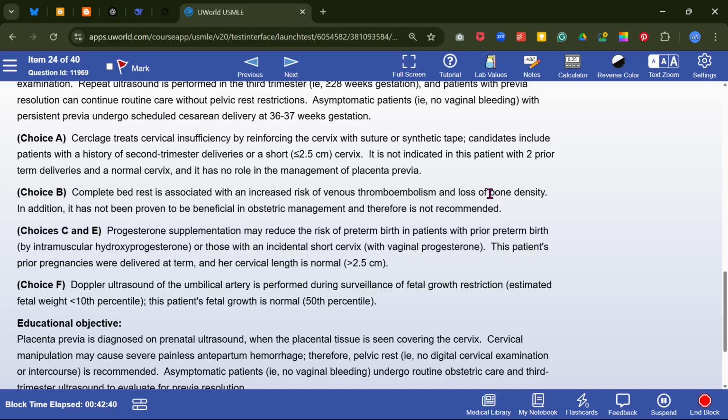These patients' prior pregnancy was delivered at term and her cervical length is normal, more than 2.5 centimeters. Yes.